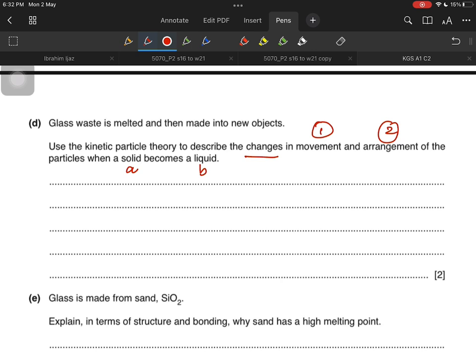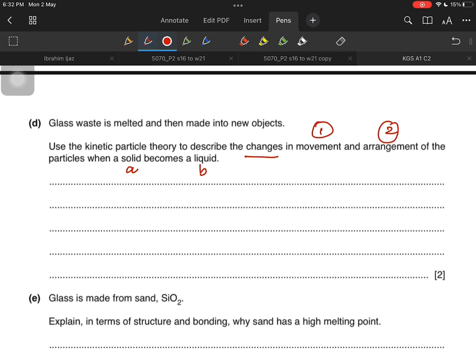In solids, the movement was vibratory motion, particles doing to and fro motion. Then the movement of liquid: in liquids, the particles are sliding over each other in layers. Then talk about arrangement: solids were regularly arranged in a lattice. In liquids, they have an irregular arrangement. You don't have to give reasons over here.